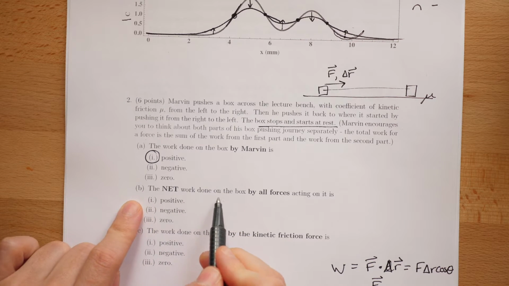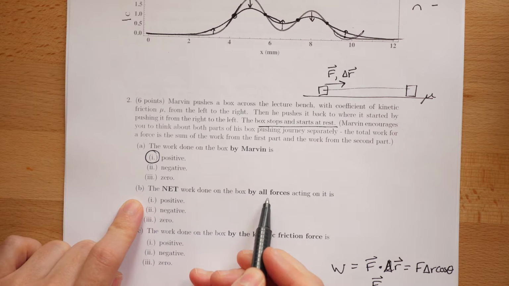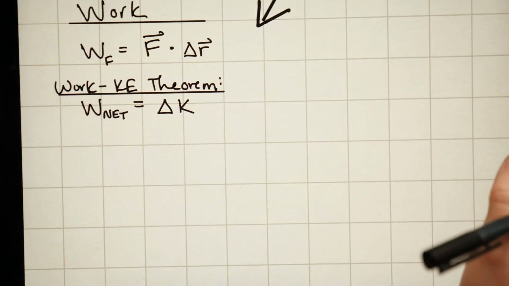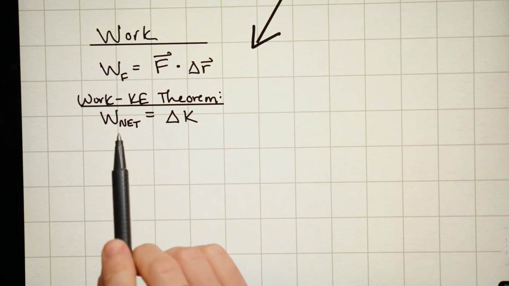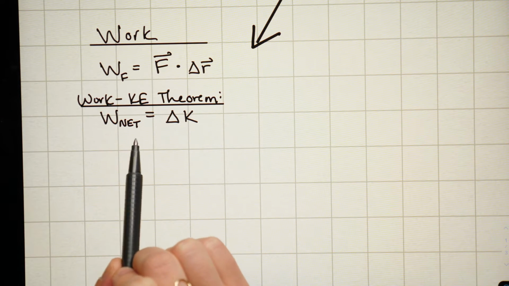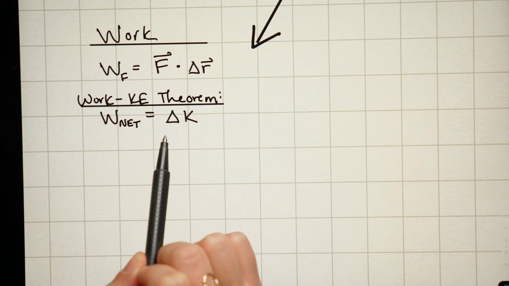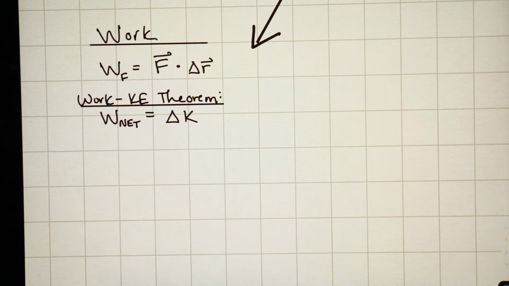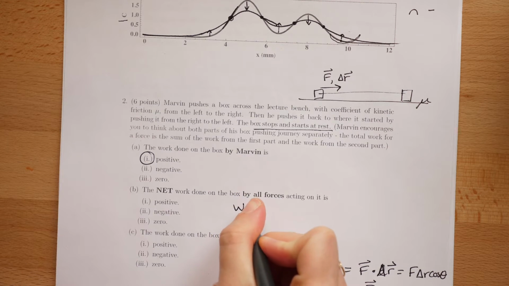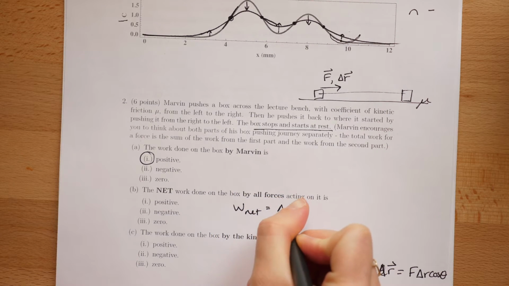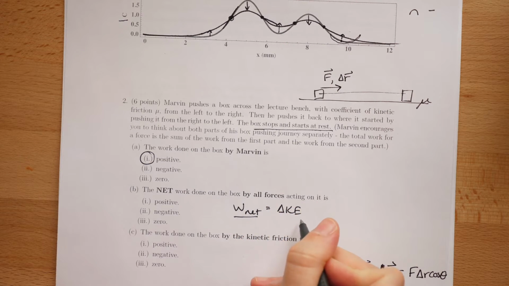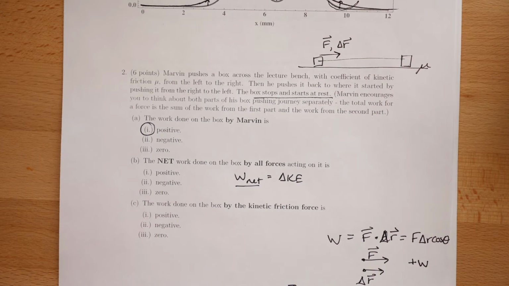Now, how about the net work done on the box by all the forces? Well, there's a key theorem called the work kinetic energy theorem that says that the net work done on an object changes that object's kinetic energy. So the net work equals delta KE. Okay, so we want to know the net work. Do we know the change in kinetic energy for the box?